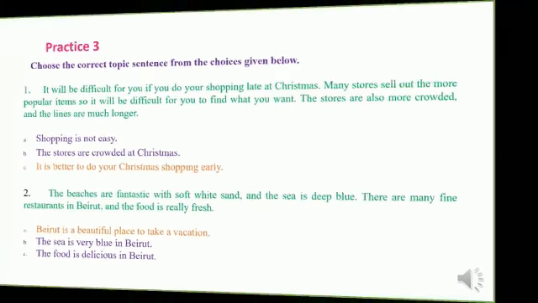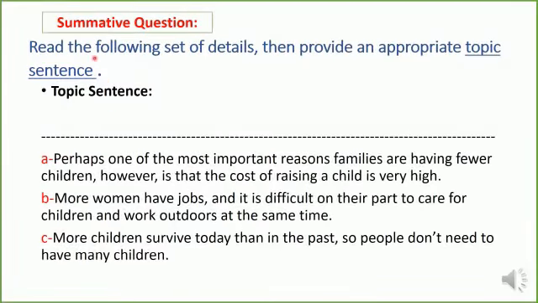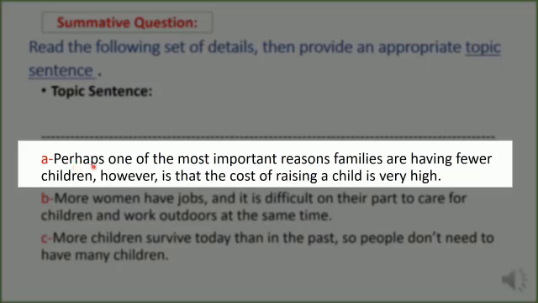Summative question. Read the following set of details, then provide an appropriate topic sentence. These details, number 1, perhaps one of the most important reasons families are having fewer children, however, is that the cost of raising a child is very high.